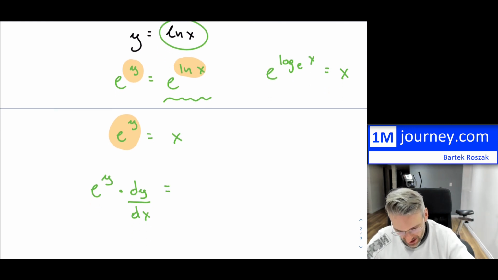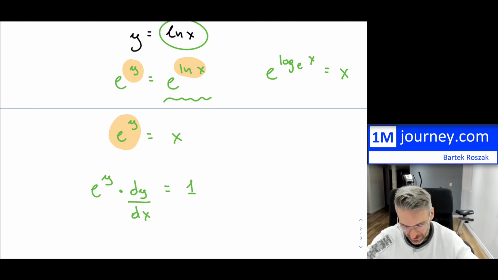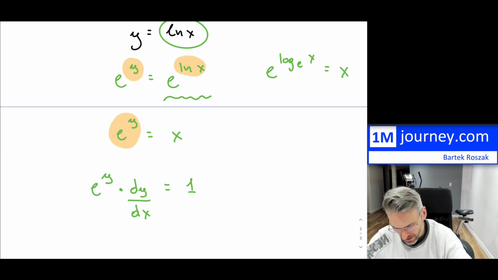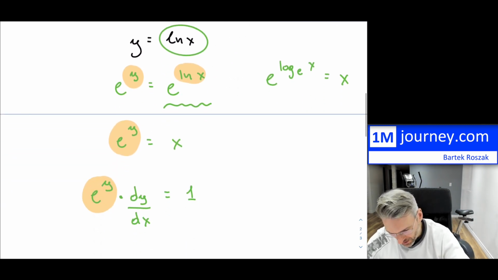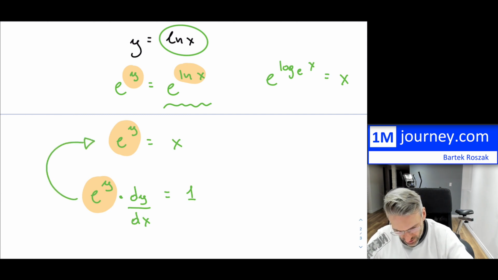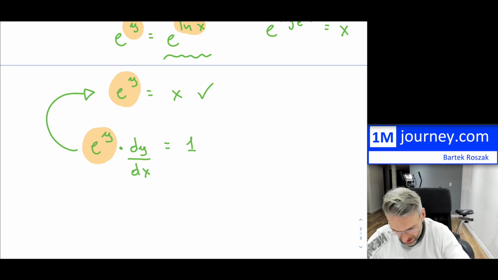On the right-hand side, the derivative of x is just 1. Now you may notice that e to the y, from right here, is simply equal to x. So I can substitute and say this is x multiplied by dy dx is equal to 1.